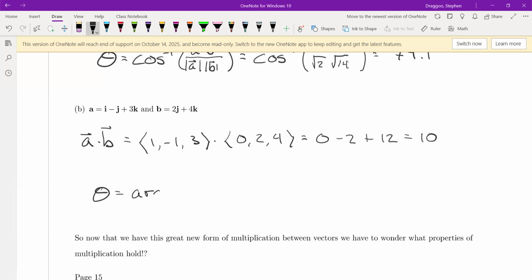And then I want the arc cosine of 10 over a pair of square roots. That first one looks like square root 11, 9 plus 1 plus 1. And the other guy, 16 plus 4, that's square root 20. And once again, if somebody's got a solution for me, I would be much obliged.